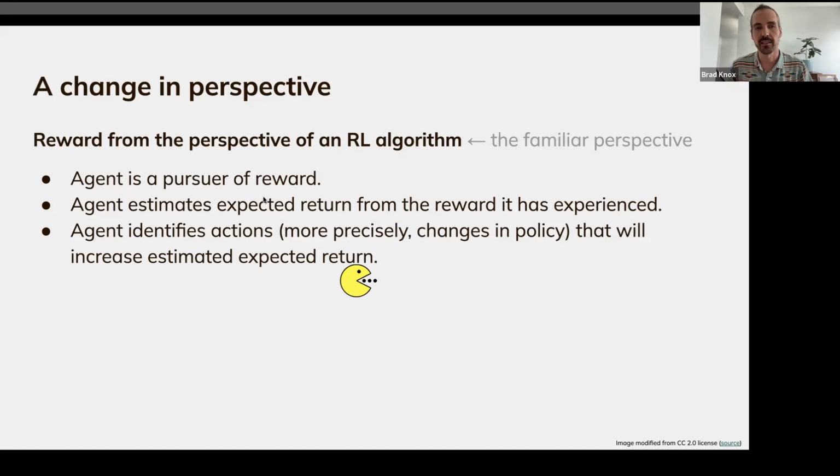The agent is pursuing reward, and the algorithm is estimating expected return from the reward that it's experienced so far. And then the agent or learning algorithm is identifying actions, or more precisely changes in policy, that will increase its estimated expected return. So this is the perspective of the agent that's trying to get better at getting accumulated reward.